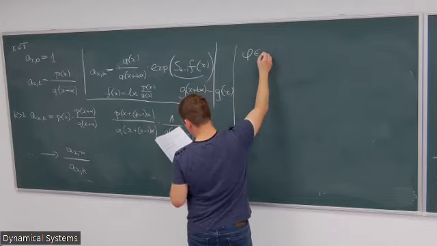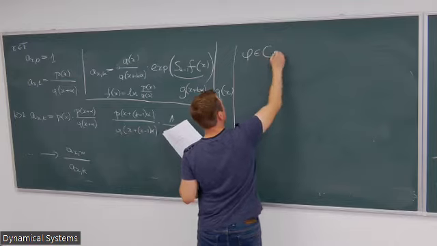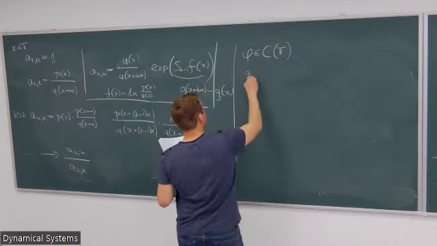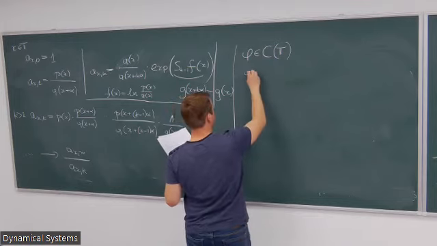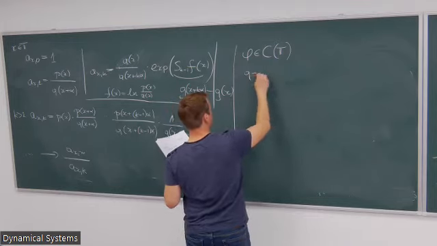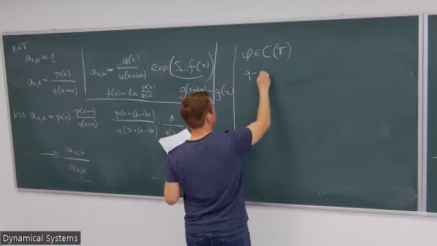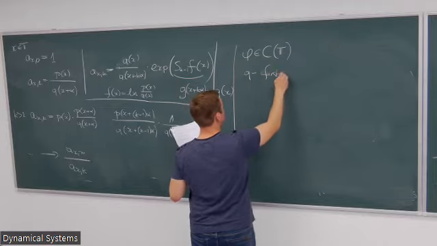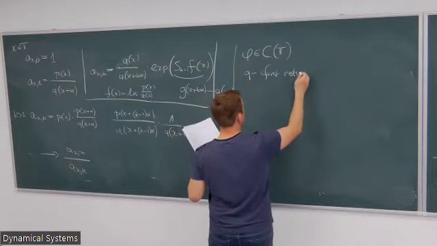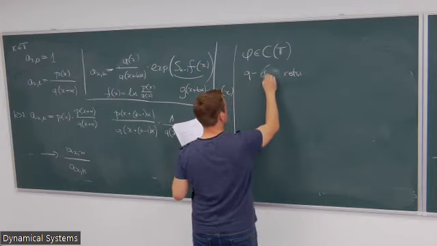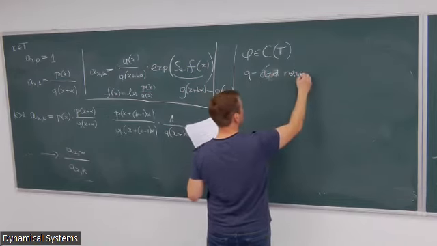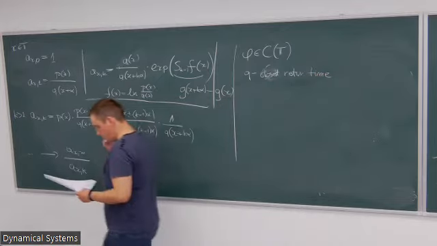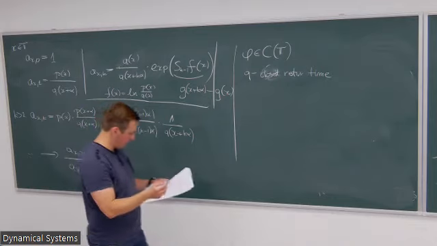Let's take a continuous function phi on the circle T. Q is some first return time, the closest return time, for the rotation of angle alpha.